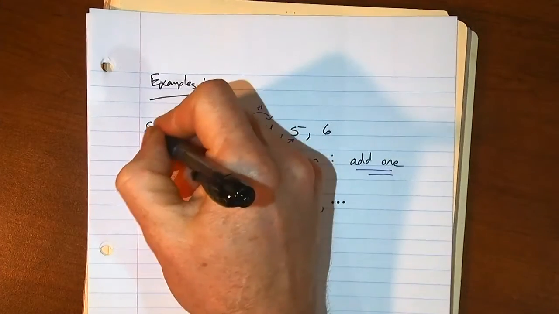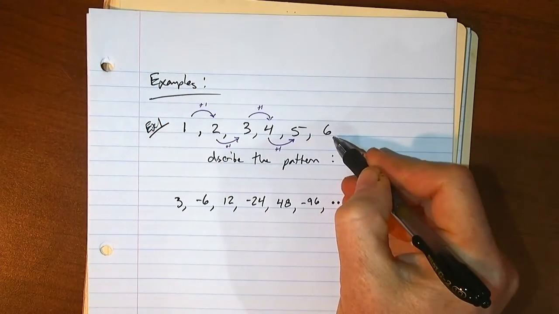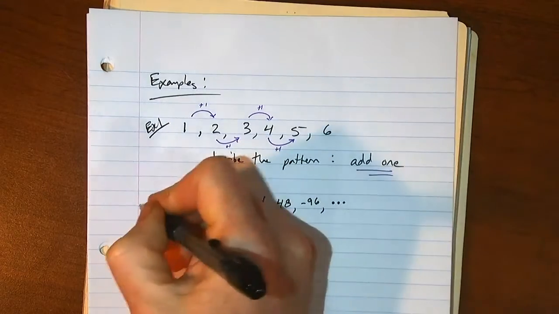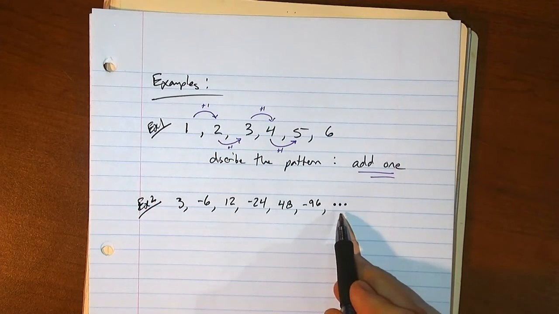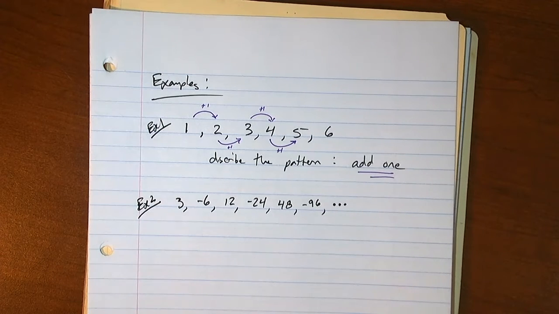So here's example number 1. It just stops. There's nothing after the 6. But here in example number 2, after my -96, there's this ... Okay. You don't need to know the name of it. It's called an ellipsis, but we don't need to know that name.